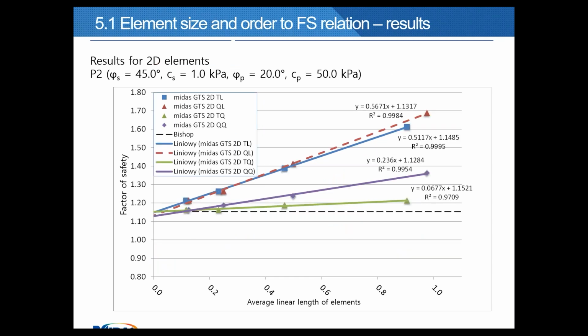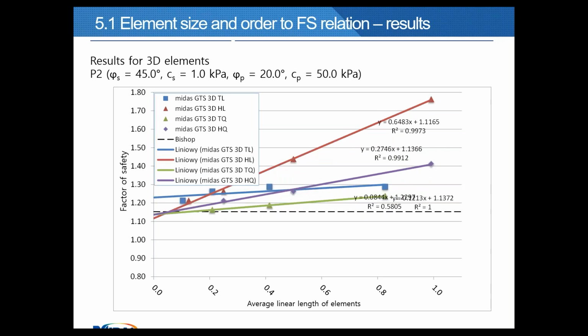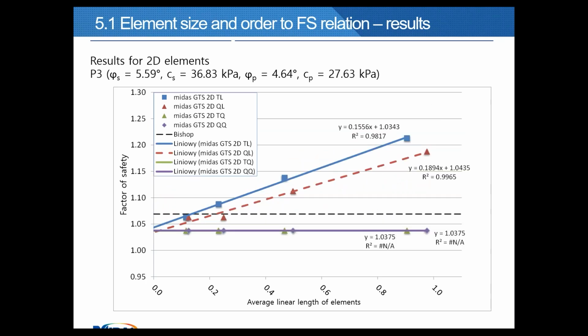The same for example P2 for 2D and 3D elements, and when we have mostly cohesion in soil, the same as previous. When we choose quadratic function of shape, everything is okay. When we choose linear function of shape, the results are very dependent on size of the mesh.